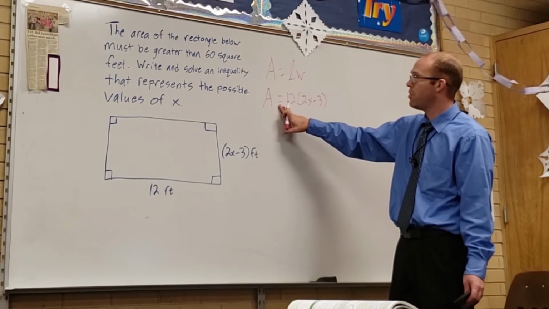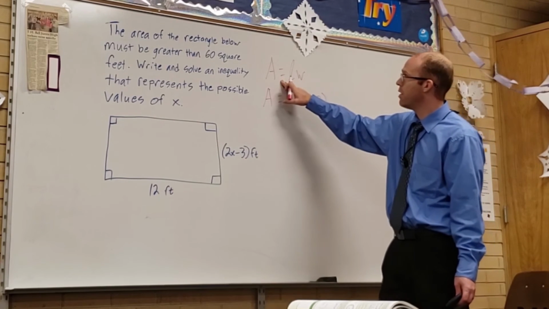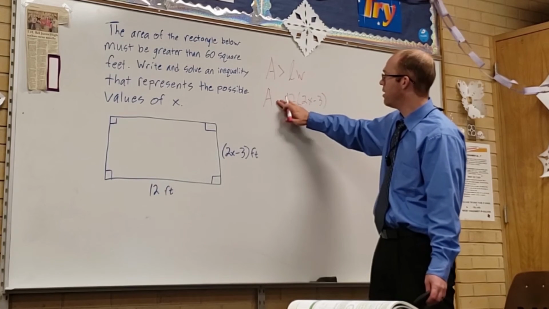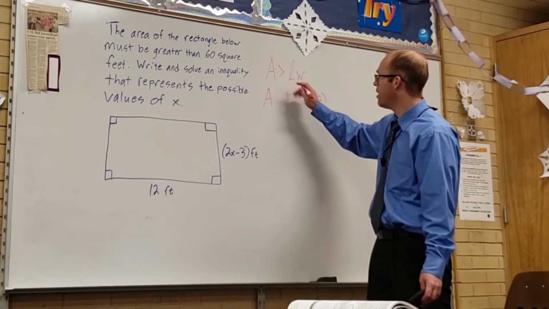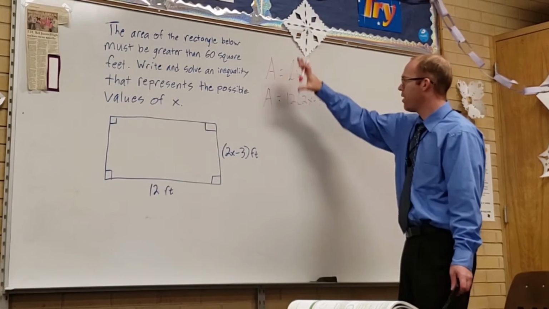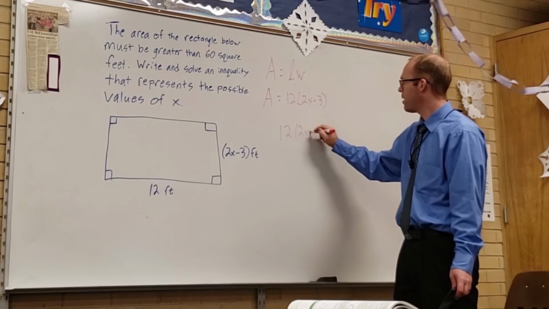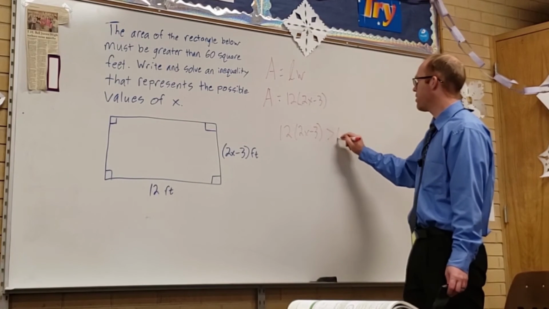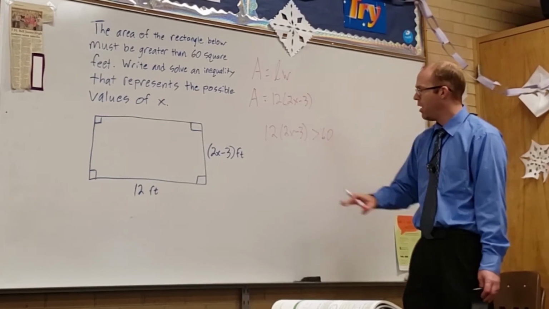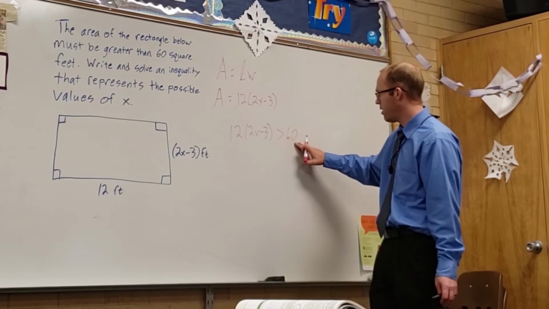Let's reset right here. This is our area. We need that 12 times 2x minus 3 to be greater than 60. And so at this point, we're going to introduce that inequality symbol. So this represents our area, and our area needs to be greater than 60.